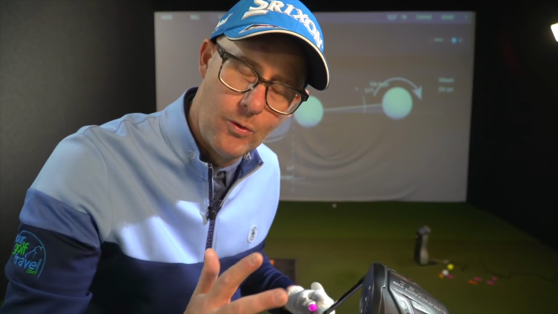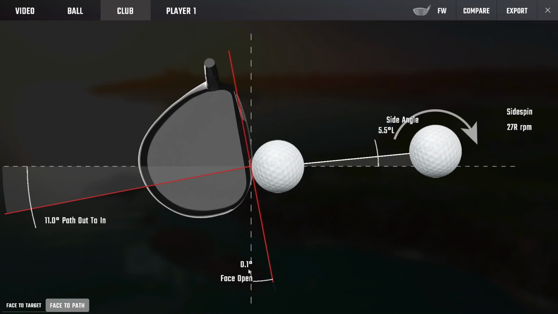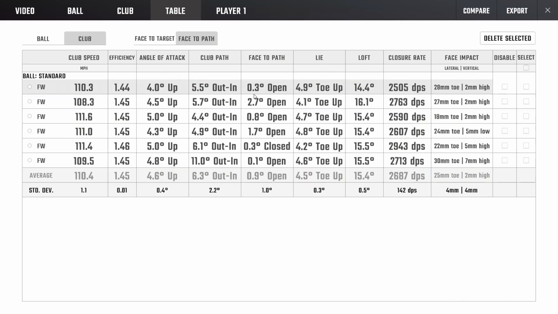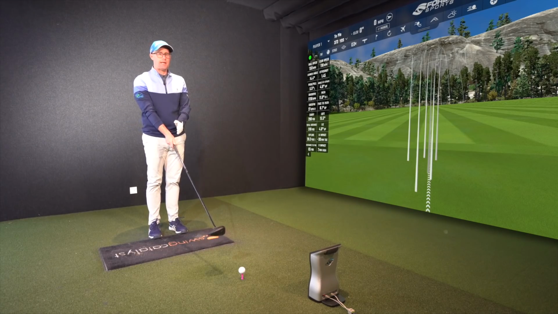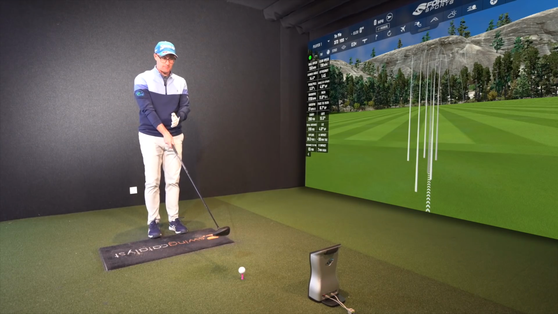That's not because I'm swinging across it more, it's because I'm aiming across the launch monitor more. In effect, it's the same swing, because if you look at the face in relationship to that path, you can see here it's 0.1 open, it's pretty square to that path. And the normal face, 0.3, 2.7, 0.8, 1.7, 0.3, and the last one, 0.1. So the only thing that's changing from my normal pattern is my 0 point.